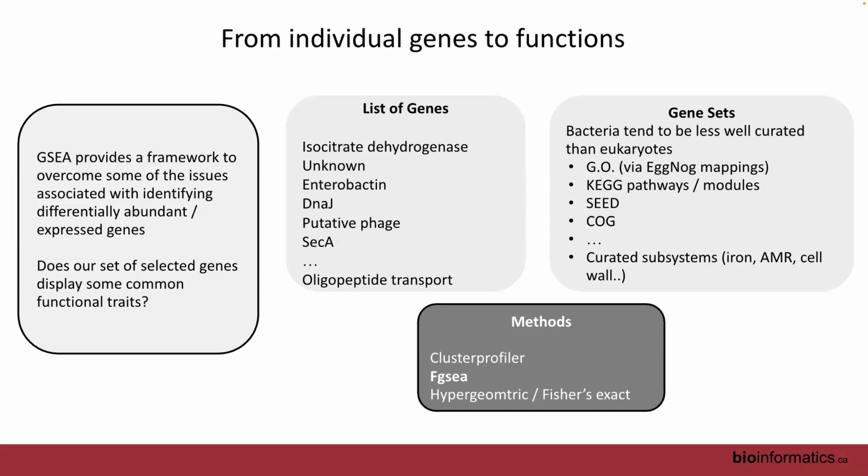Then there's a number of methods out there: clusterProfiler, and the one that we use is fgsea. This is an R script. It's very easy to run. It reads in your list of genes, reads in your gene set, and then it assigns the probabilities and identifies which gene sets are functionally enriched in that list of genes that you're giving it.